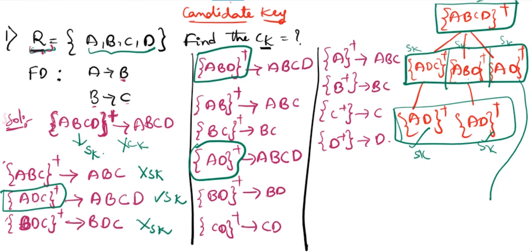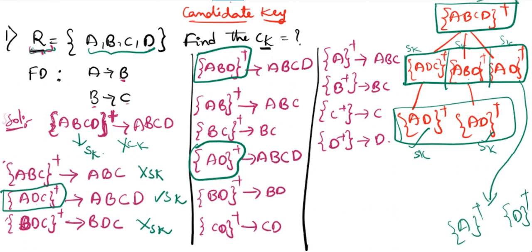But for this super key, what are the subsets? The subsets of this key are AD, single A and single D. Single A and single D are the subsets, but these two subsets are not super keys. That's why this AD is a candidate key. It is a super key as well as a candidate key.